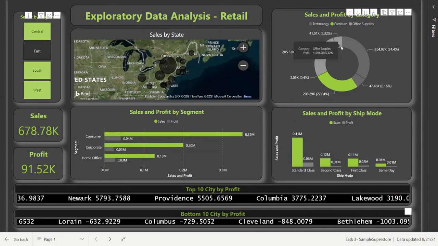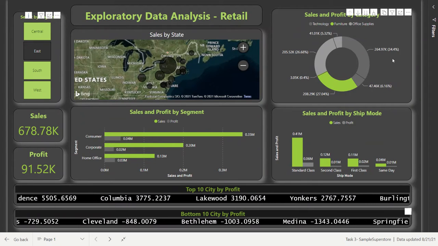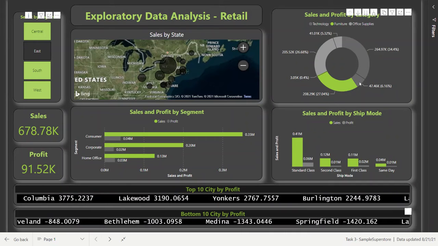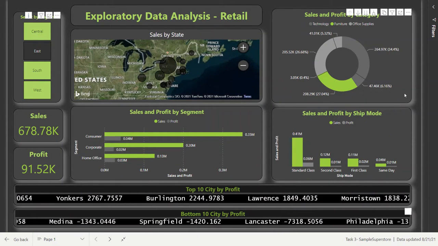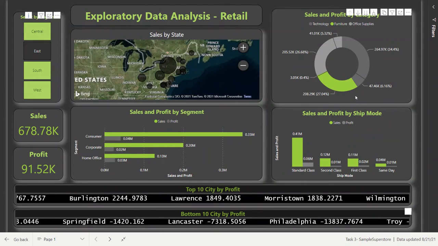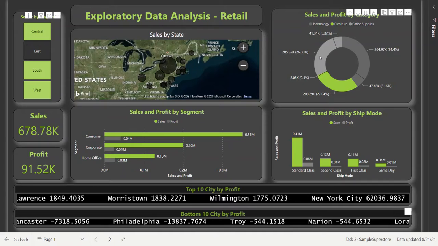If we talk about sales and profit by categories, around 34.4% is from technology, around 27.04% from furniture, and about 26.68% from office supplies.